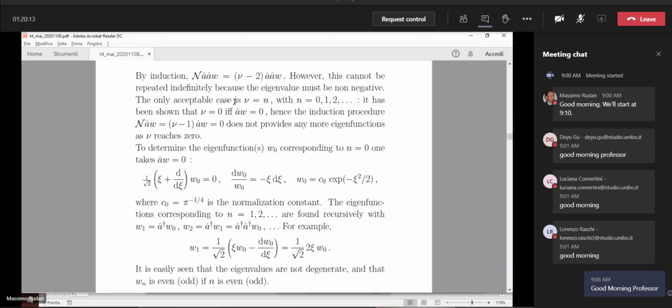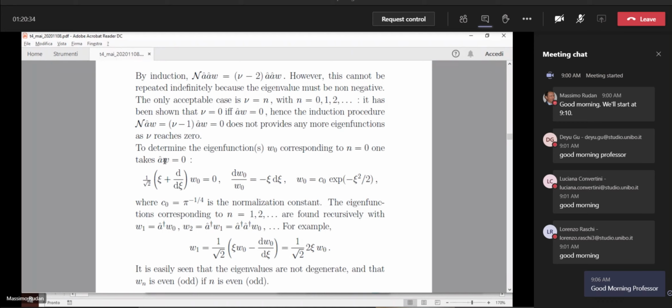But in order to find the eigenfunctions, we know that when we reach the eigenvalue n equal to 0, you remember, what we find is that AW is 0, okay?